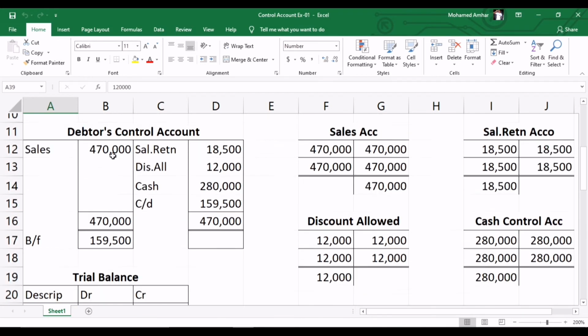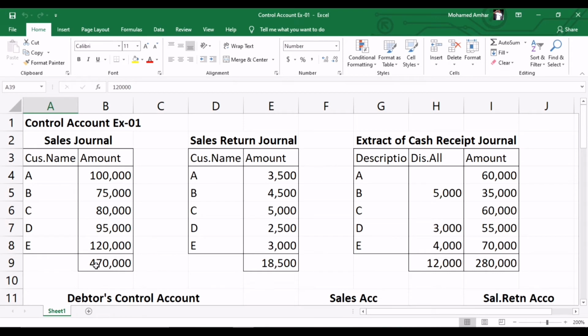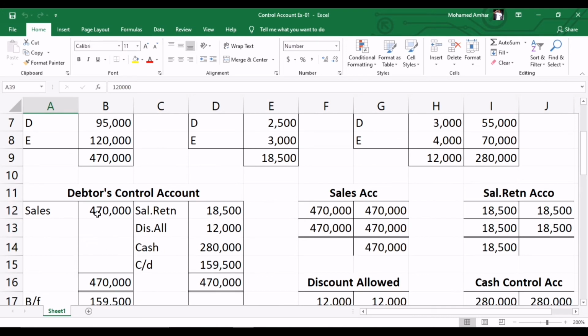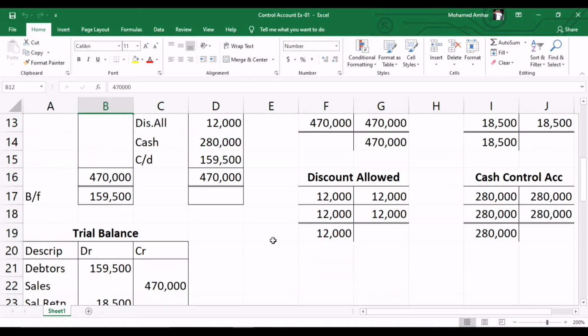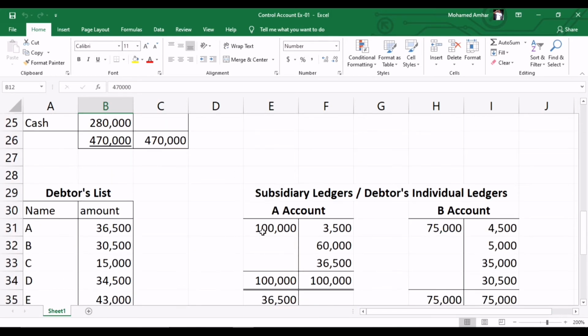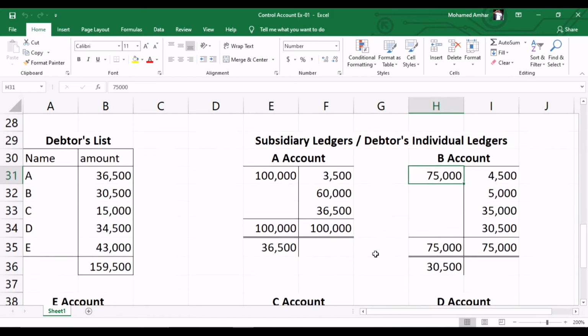Now this total 470,000 we have debited in total in the control account. Like that, we debited in the individual accounts by individual amounts.